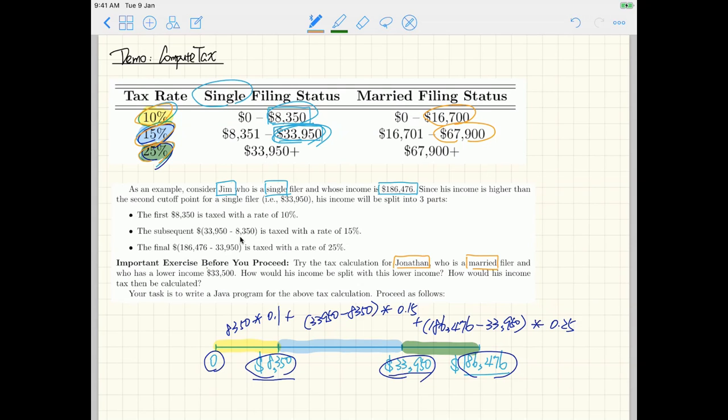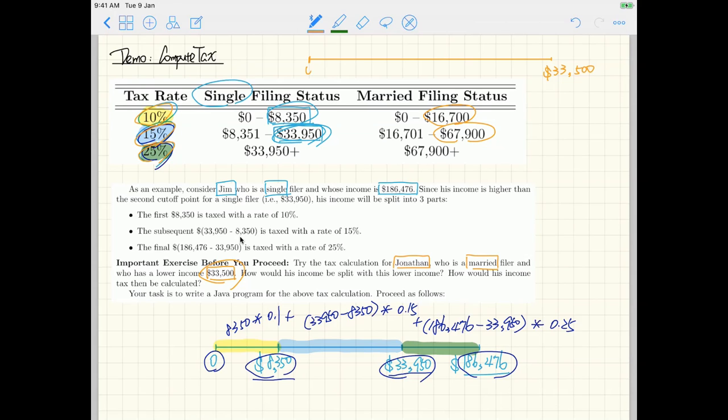His income is 33,500. It's going to be very similar. I'm going to put his income over here, $33,500. Now we want to see where the 2 cutoff points should reside with respect to Jonathan's income.